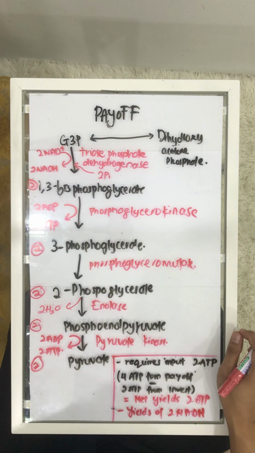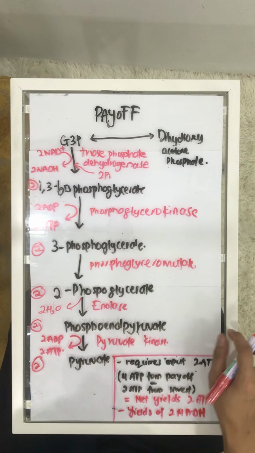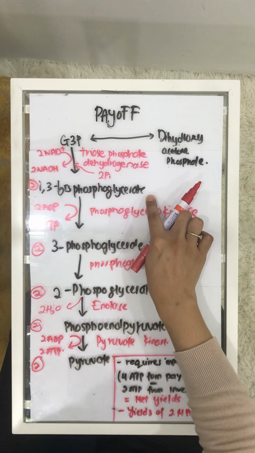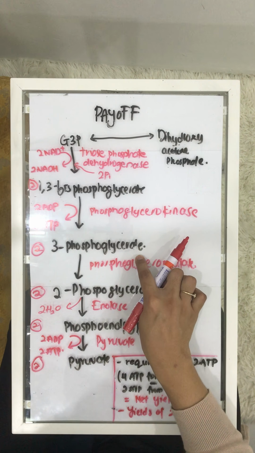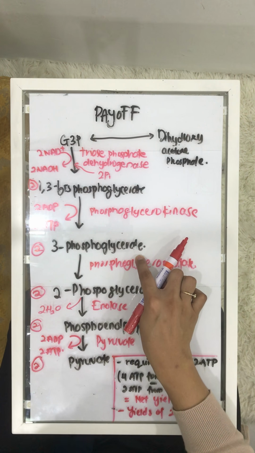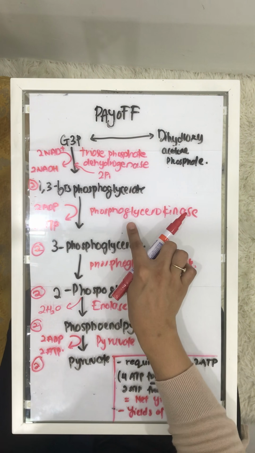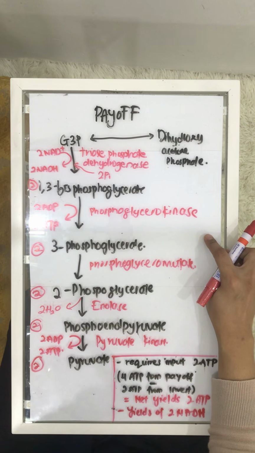Alright, and 1,3-bisphosphoglycerate is now being converted into 3-phosphoglycerate, and the enzyme involved in this reaction is phosphoglycerokinase.